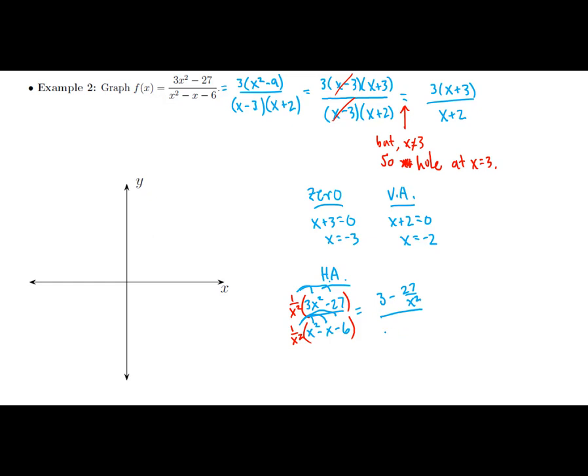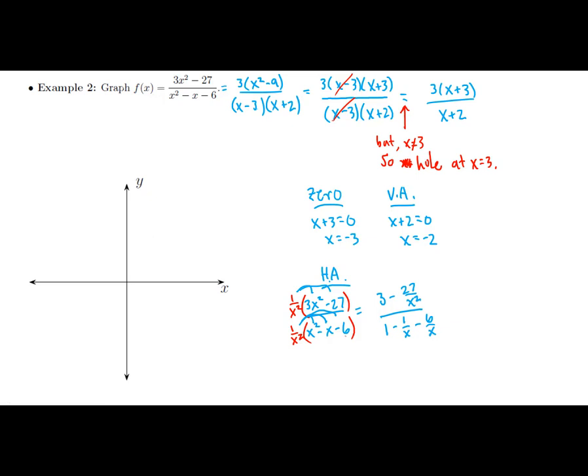And then on the bottom we have 1 minus x over x squared, which is 1 over x when simplified, minus 6 over x.